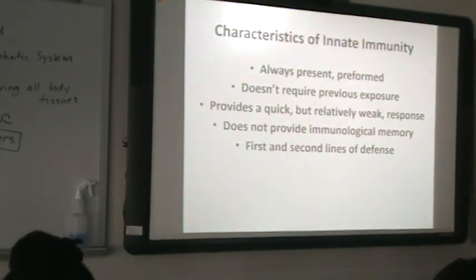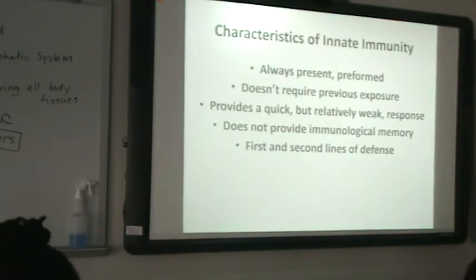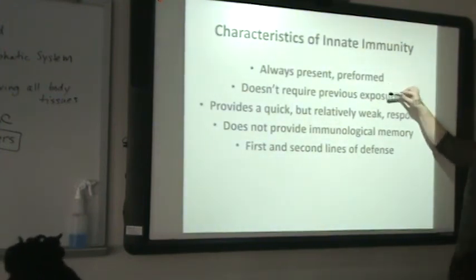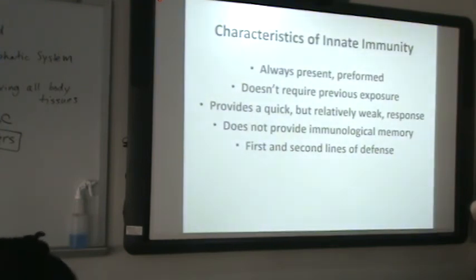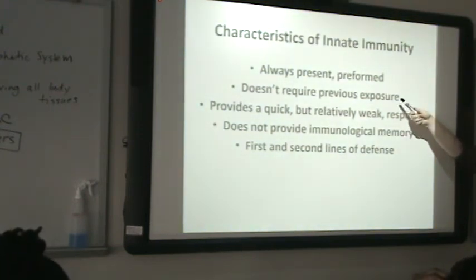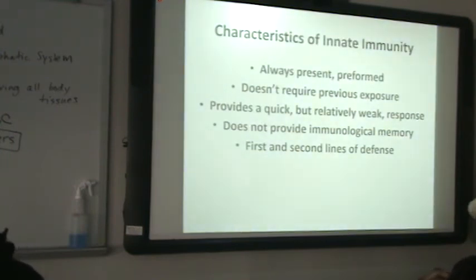So here's a slide where you don't write any words. That means that this is so important that I want only listening, not writing. This is what innate immunity is like. You're born with it. You don't have to wait for it to start working. You're born with it. That's why it's called innate. You do not have to have been exposed to that threat, that bacteria, that virus. You don't have to have ever been exposed to it before.